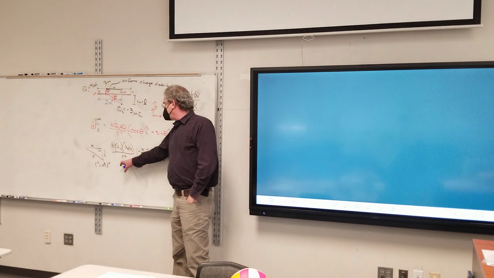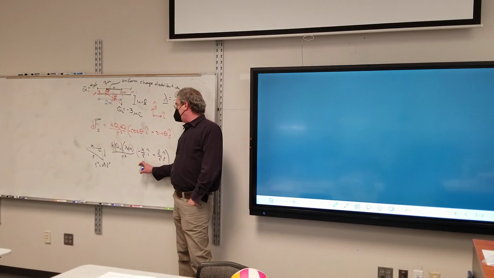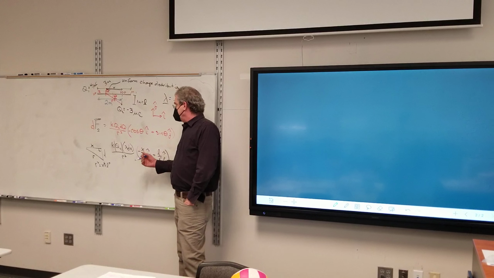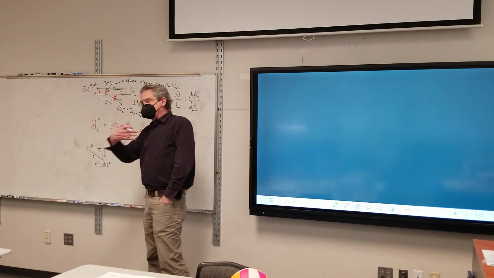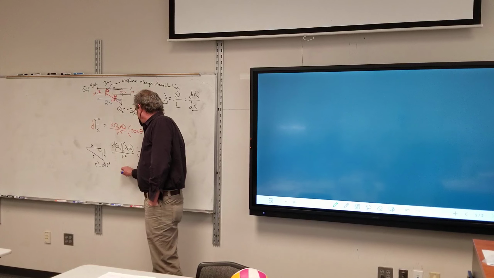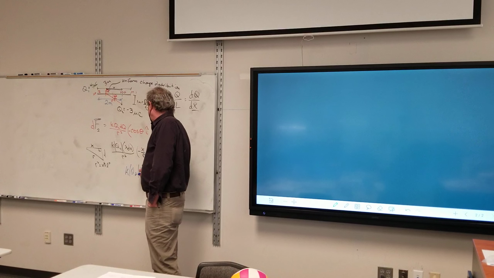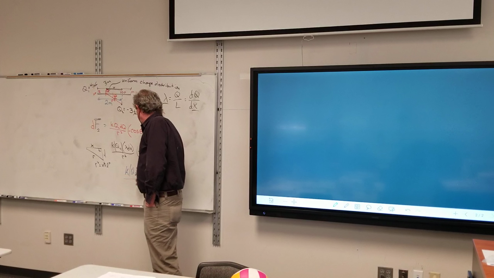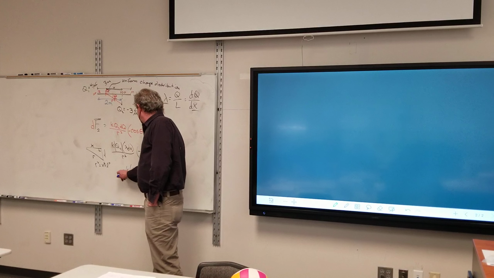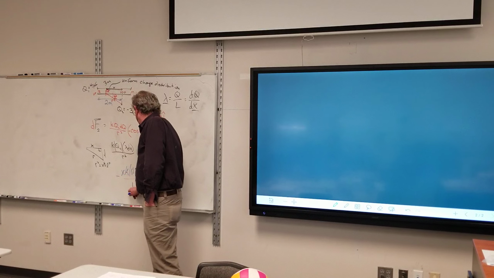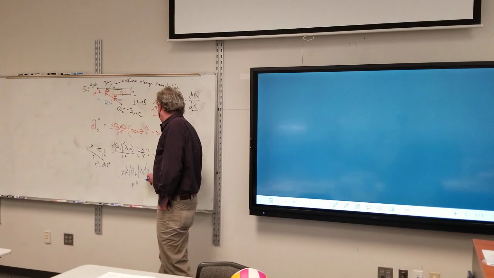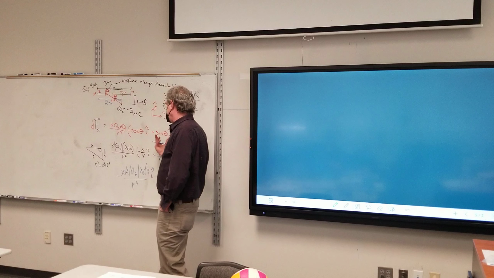The reason why I kept this as R is because I knew I was going to end up with an R here, so we're going to end up with an R cubed, which we did yesterday, we just wrote it differently. So this is K times the absolute value of Q, lambda dx over, times negative x over r cubed, i hat, I'm just distributing.